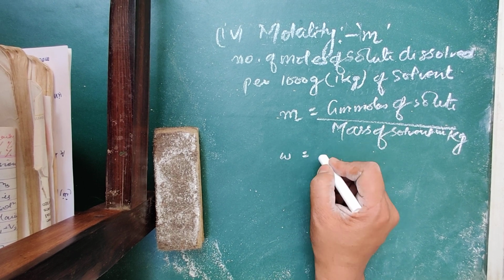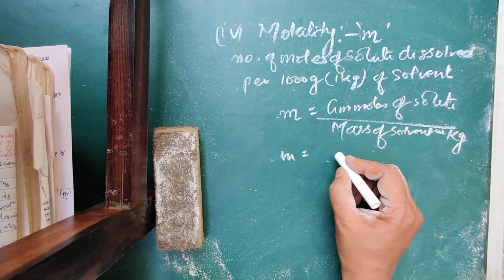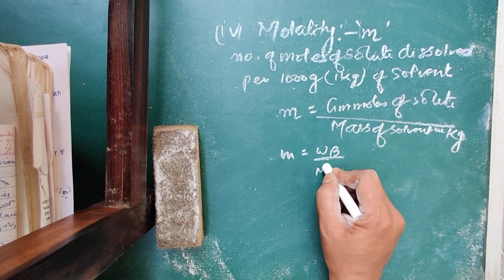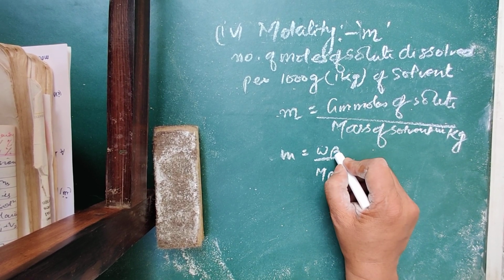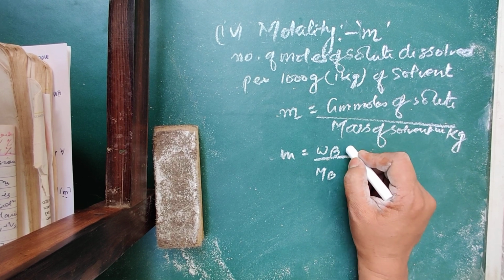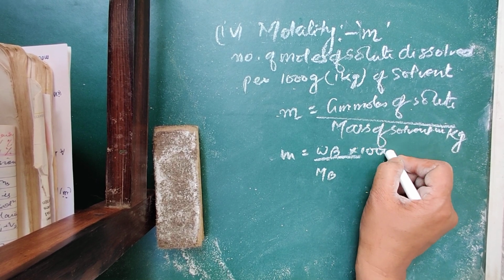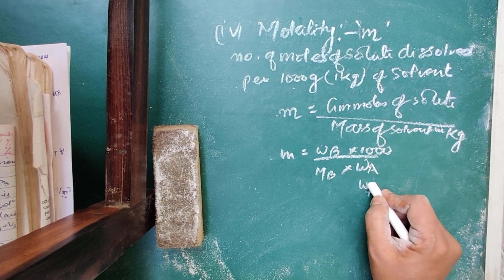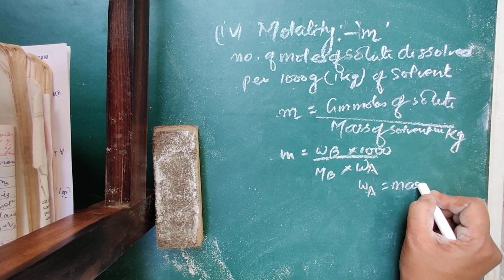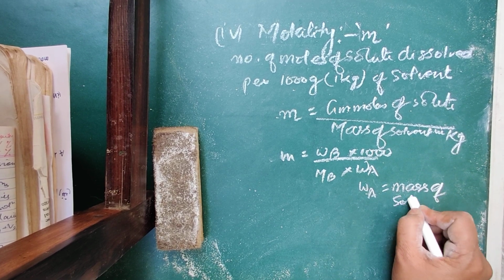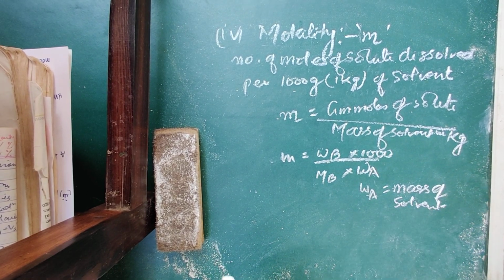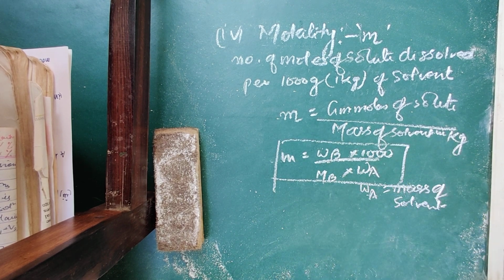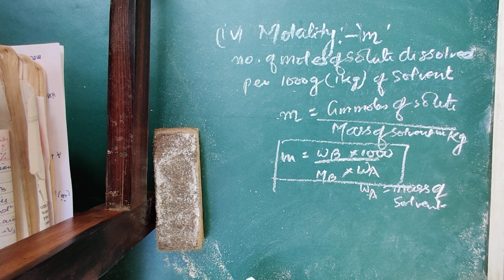Similarly you can find out, m is equal to WB by MB into 1000 into WA also. What is WA? It is the mass of solvent in grams. Again you will be using this formula for numericals.